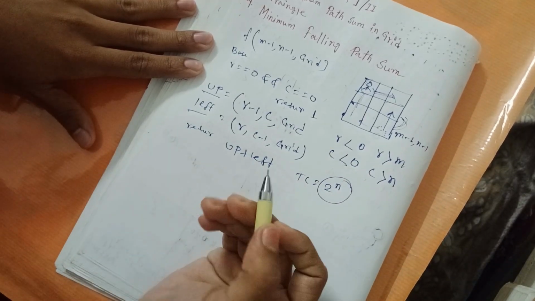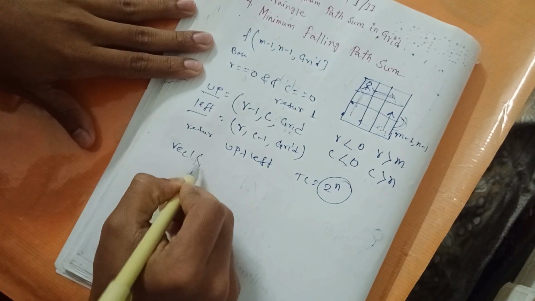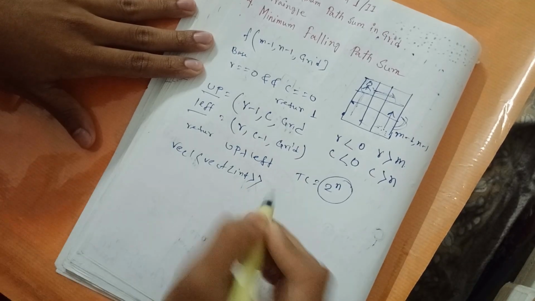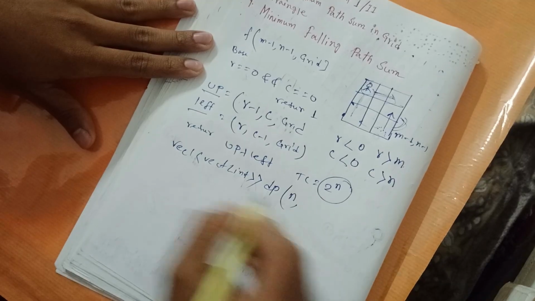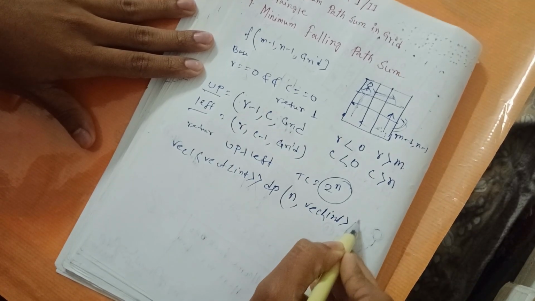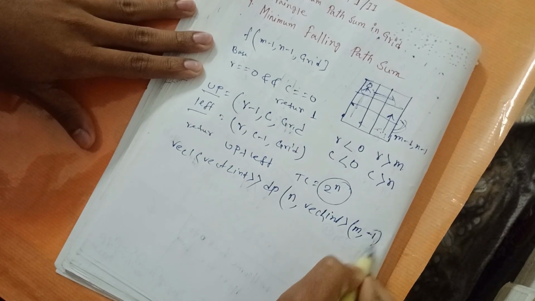Okay, so first of all you write a vector of vector of integers for C++. Then write dp, with size row, then again vector of integers with size column, comma, -1 to initialize.